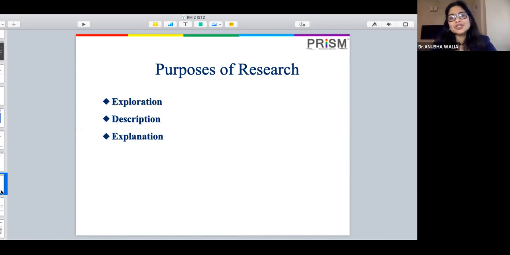You're just exploring how it has happened, nothing more. You are not giving a solution to it. In exploratory research there is no solution. We come up with a problem so that we can do a deep dive. We can use either descriptive or explanatory, but mostly people use descriptive.